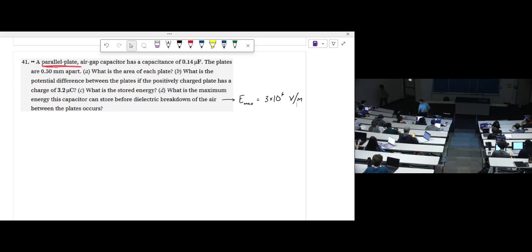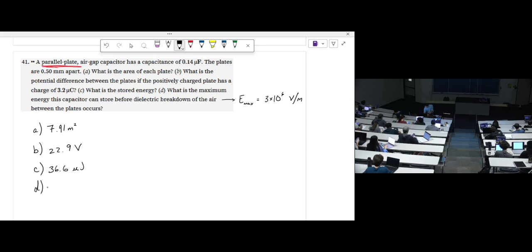Why don't y'all have a stab at this one, either in groups or in pairs or by yourself? Part A, you should get 7.91 meters squared, so a really huge capacitor. B, you should get 22.9 volts. C, you should get 36.6 microjoules.